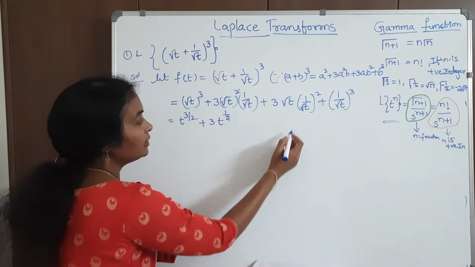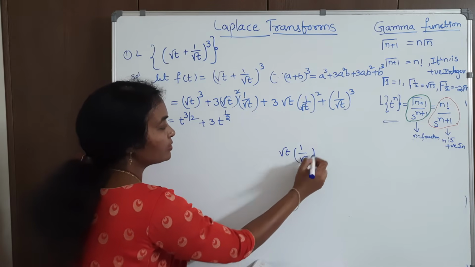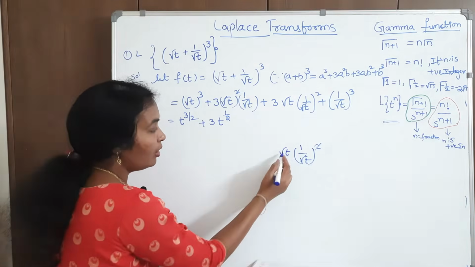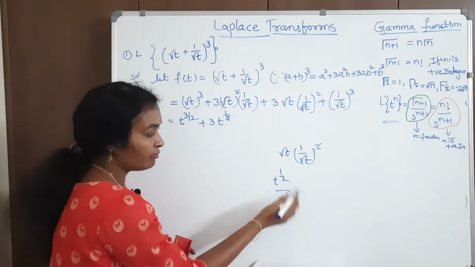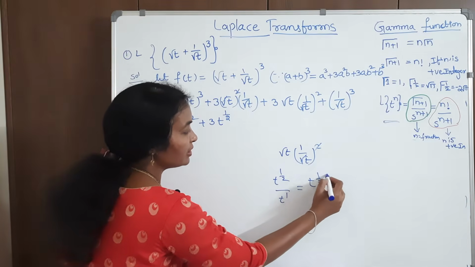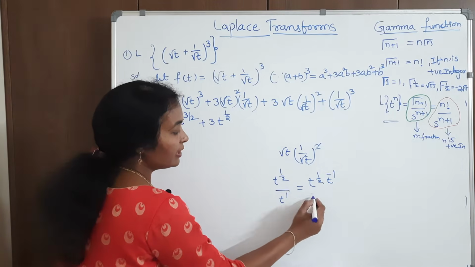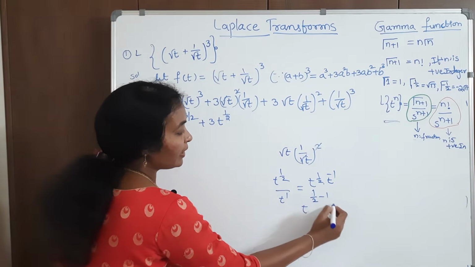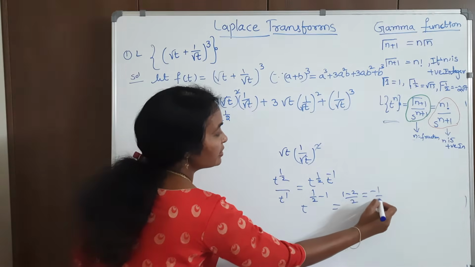See, here this is 3 to the power of half. And what about here? One is root t, another one is 1 by root t whole square. Square root gets cancelled. In the numerator t power half, in the denominator t power 1. Okay. Change this, numerator denominator to t power minus 1. Write 1 base and add the powers, then it becomes 1 by 2 minus 1 which is nothing but 1 minus 2 by 2, that is minus 1 by 2.